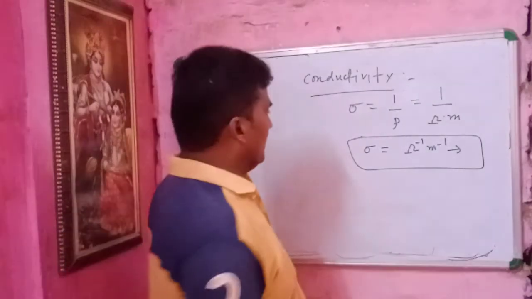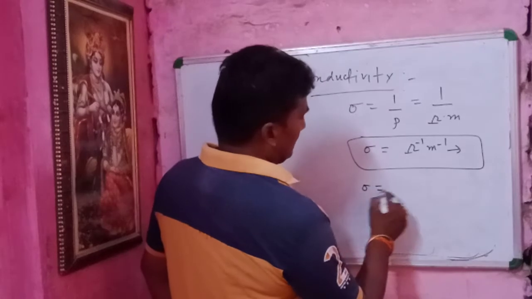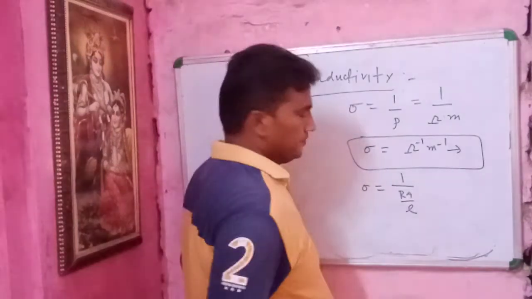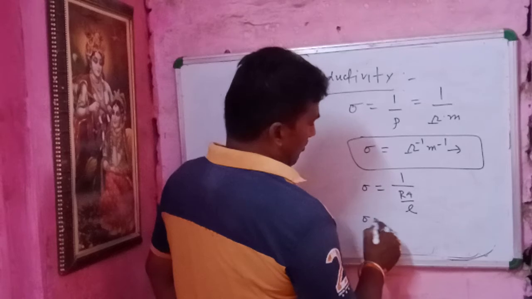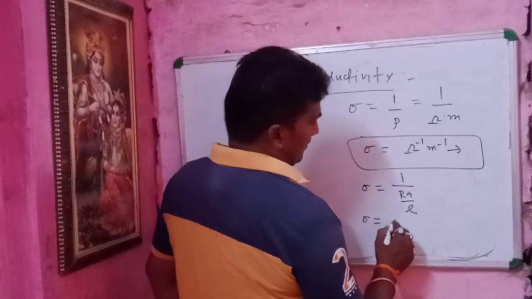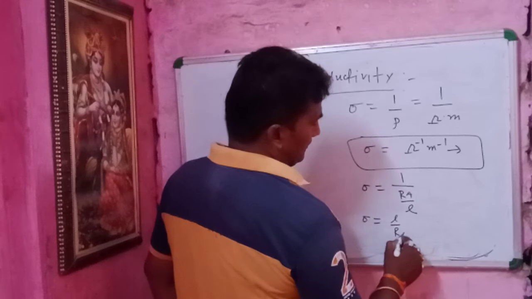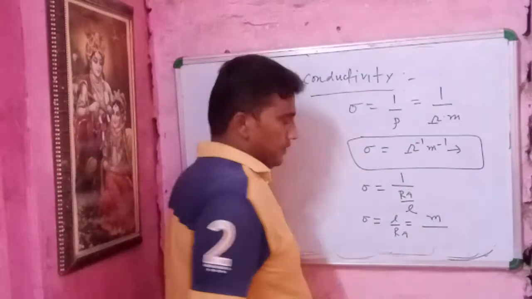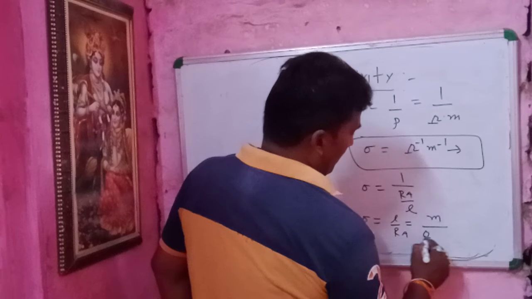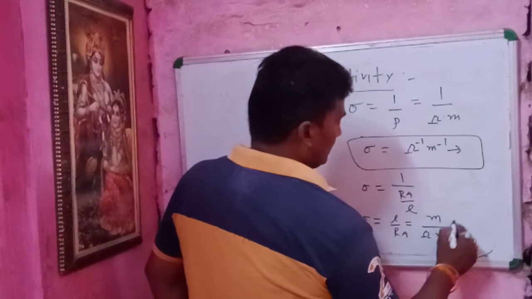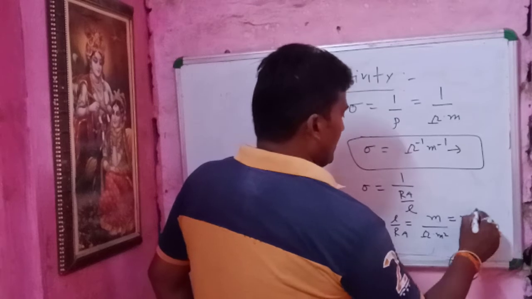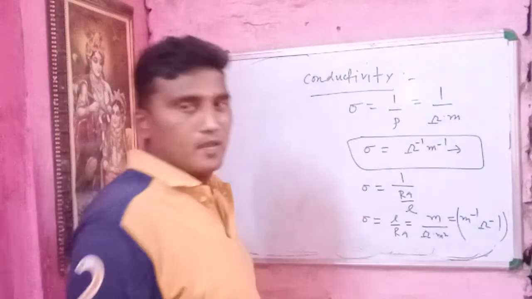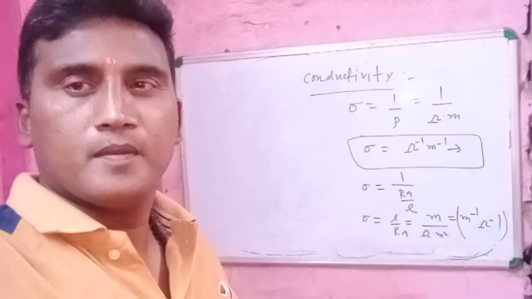We identify the relation: rho is equal to RA by L. L is length, with SI unit meter, and R is resistance, with unit ohm.